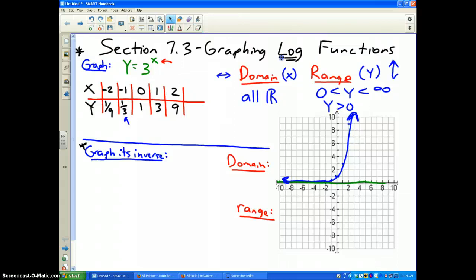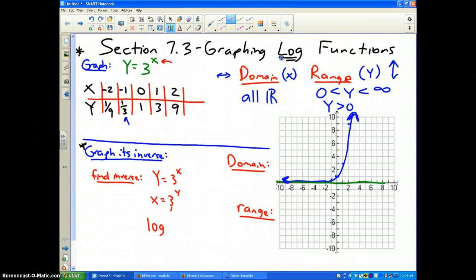All right, now let's graph its inverse. Well, the first thing we got to do is find the inverse. Now, I'm going to erase this in just a little bit so I have some room here. But in order to find its inverse, remember you take the function and you flip x and y around. And then you solve for y, which in this case is to write it as a log function.